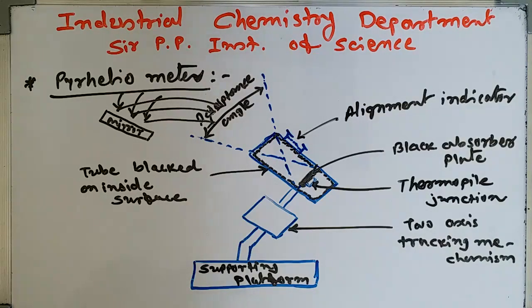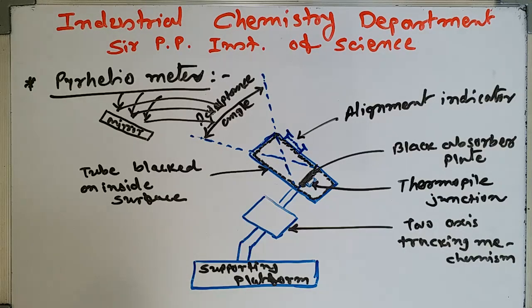These are the three different types of instruments which measure solar radiation. First, in this lecture, we discussed the sunshine recorder, which measures the solar radiation. Second, we saw the pyranometer, and we drew two types, one for measuring global radiation and one for diffuse radiation.